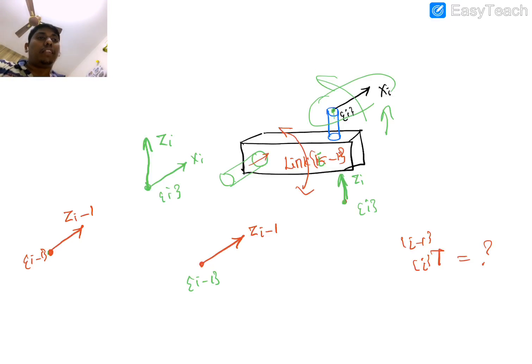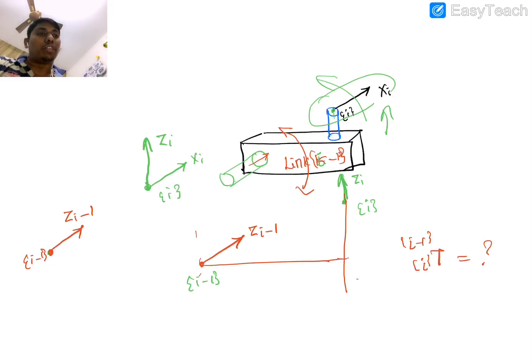In order to get that, you can see that these have a rotation apart, a distance apart, and your x-axis like this. So you have several operations, and we said that the Denavit-Hartenberg will do it with 4 transformations. Those 4 transformations only we are trying to see here.